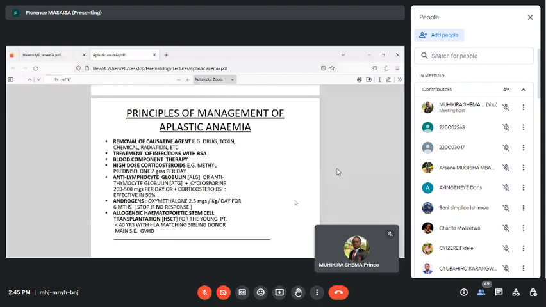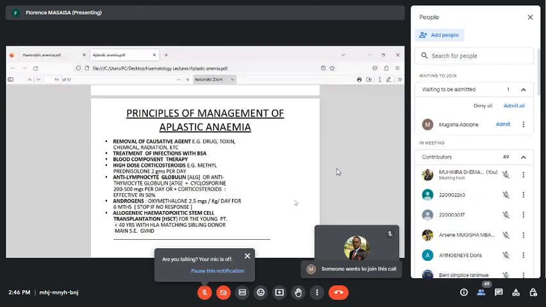But the curative treatment is to do bone marrow transplantation. So, young people who can get financial support, but not only financial, also those who can get a sibling or any matching donor.